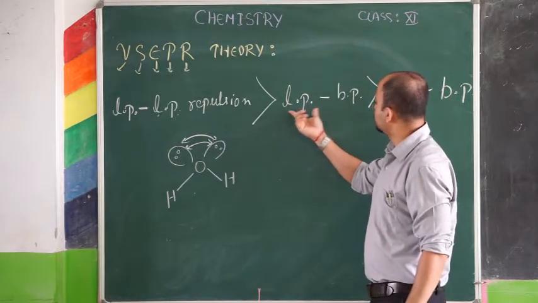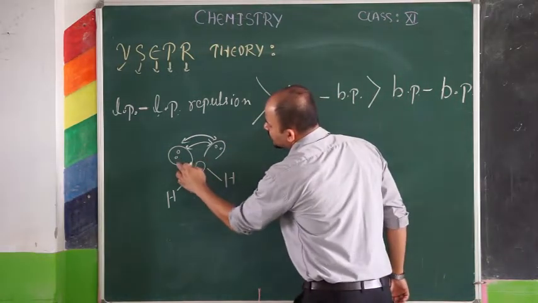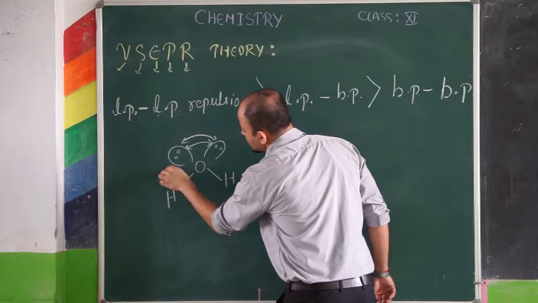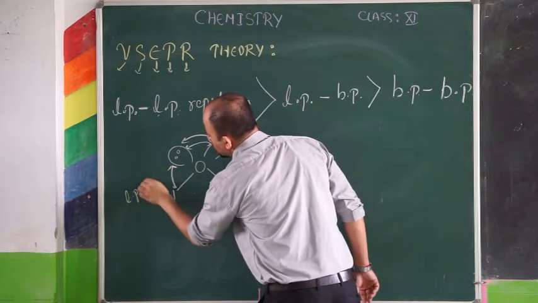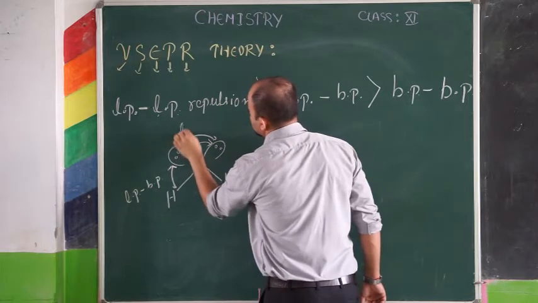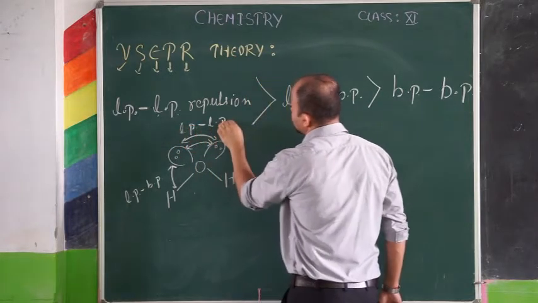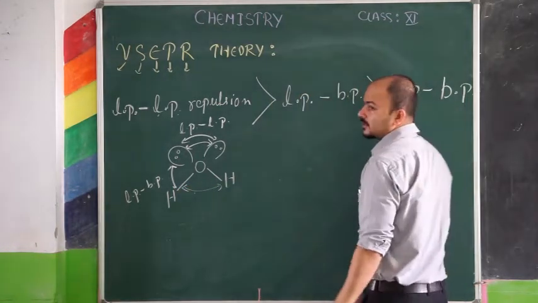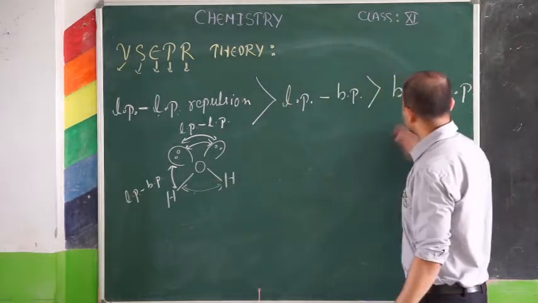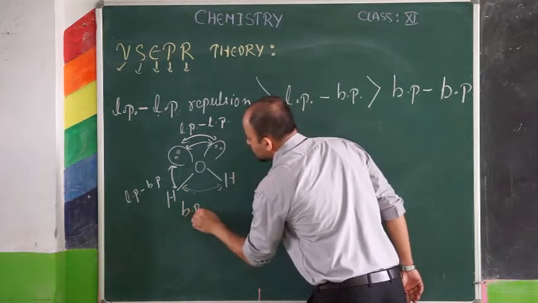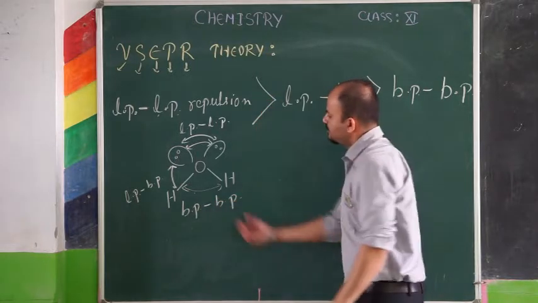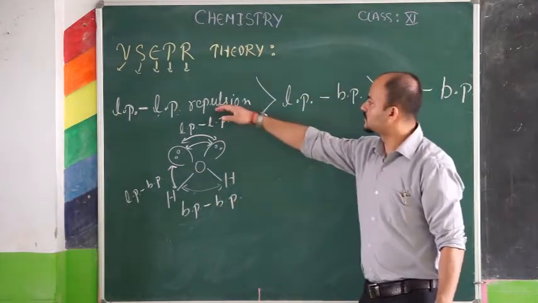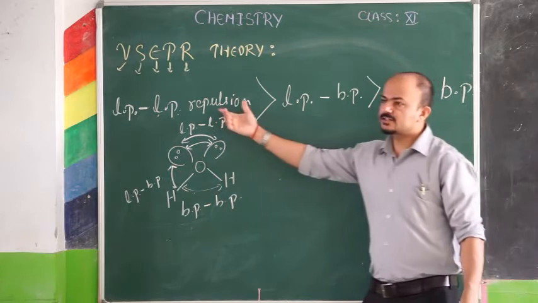Now here you have a lone pair and a bond pair, so that is lone pair-bond pair repulsion. And between these two hydrogens, here you have a hydrogen bond, here also a hydrogen bond, so this is your bond pair. The repulsion between this hydrogen and this hydrogen is minimum. So I hope you understood this order of repulsion.